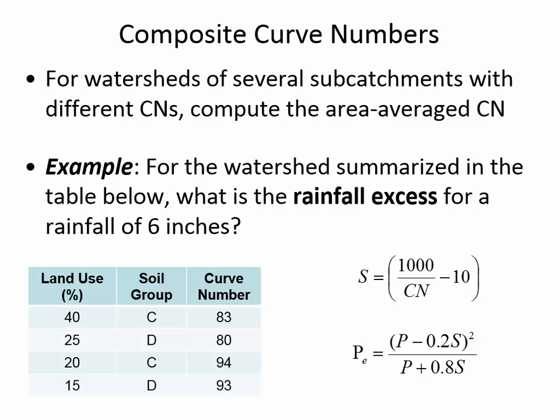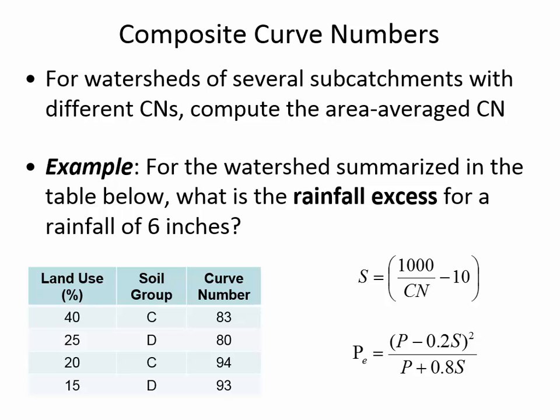I'd like you to calculate how much rainfall excess there will be in a storm that has precipitation of 6 inches. This is our watershed. Our watershed is 40% soil group C, which for this type of land cover yields a curve number of 83.